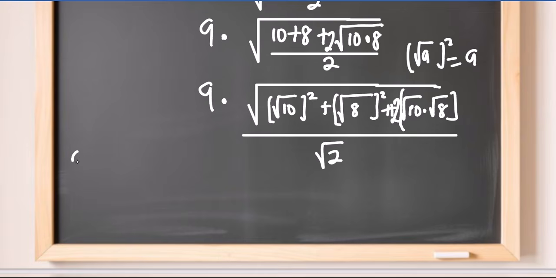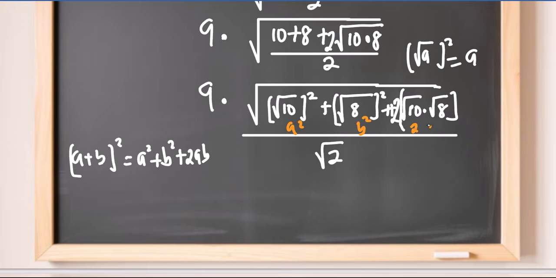Now, for the numerator, there's a rule I'm going to introduce here. Recall that if you have a plus b all squared, this can be written as a squared plus b squared plus 2ab. In that case, this is going to be my a squared, this is going to be my b squared, and this is going to be my 2ab. So this is the trick I'm going to use right now.